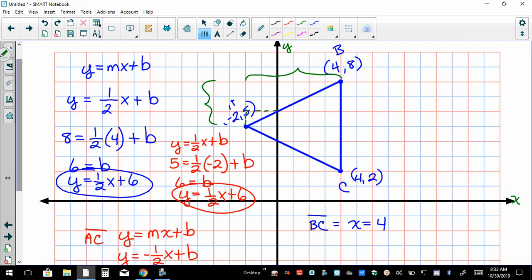How many are there? 1, 2, 3, 4. So the range of that is from positive 5 to a positive what? 8. So in this line right here, those are the domain and range of that line, okay?